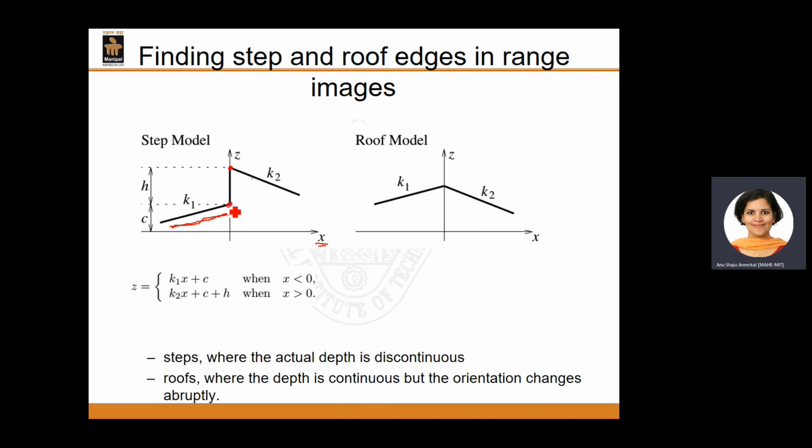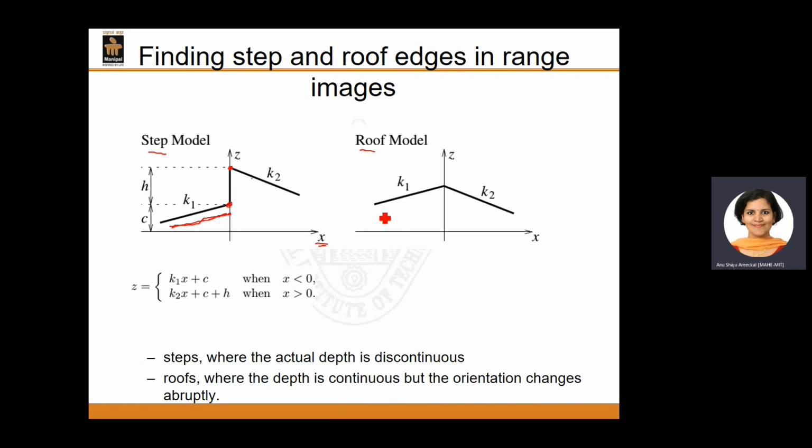At this point the depth was c, and at the very next point it becomes c plus h. When there is an abrupt change in the depth information, you call it a step edge.